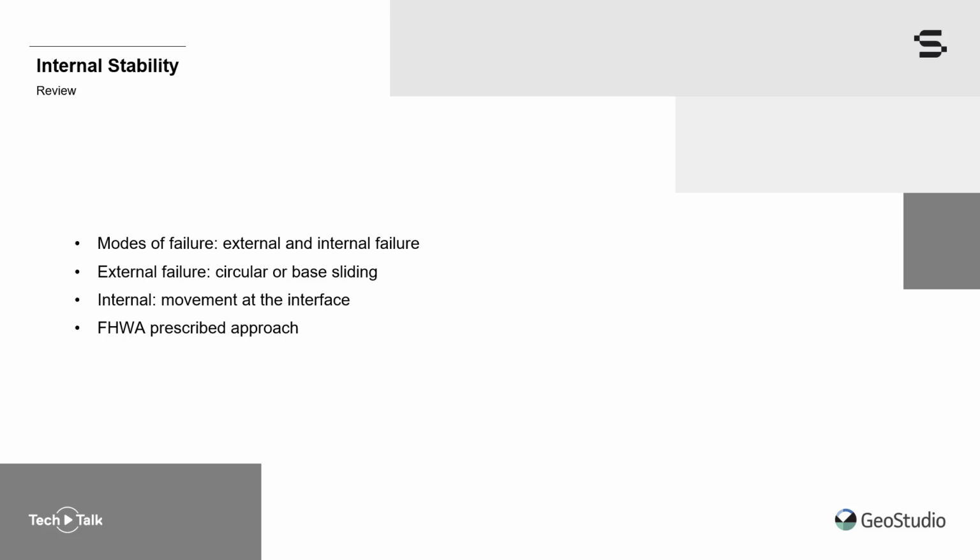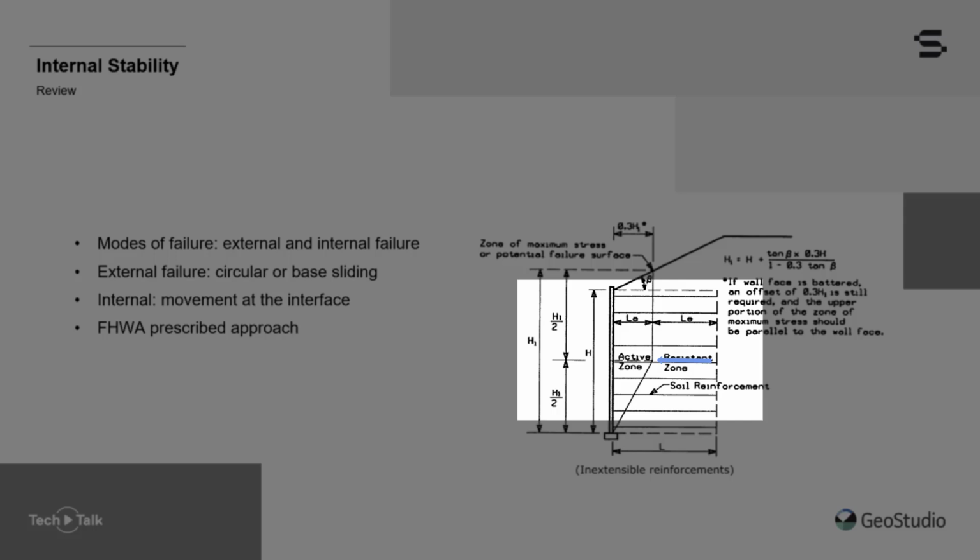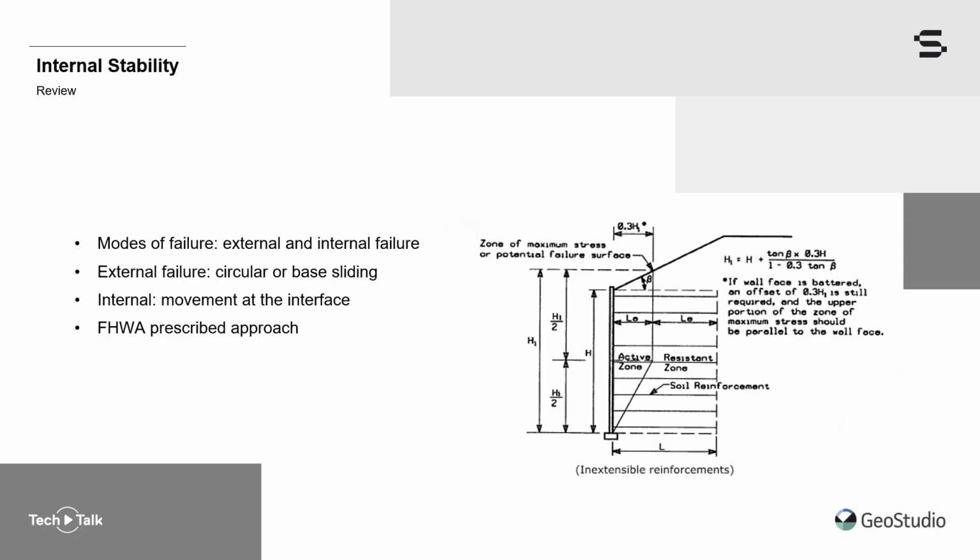In contrast, internal modes of failure give consideration to a bilinear failure that passes entirely through the MSE wall. The image shown here comes from a Federal Highway Administration publication in the United States. The breakpoint of the bilinear curve is at half of the wall height, unless the wall is battered or the ground behind the wall slopes.